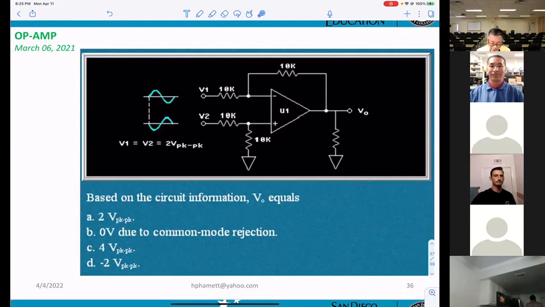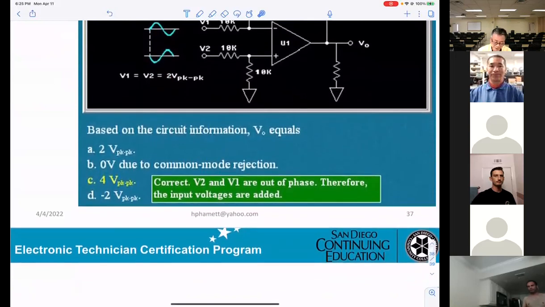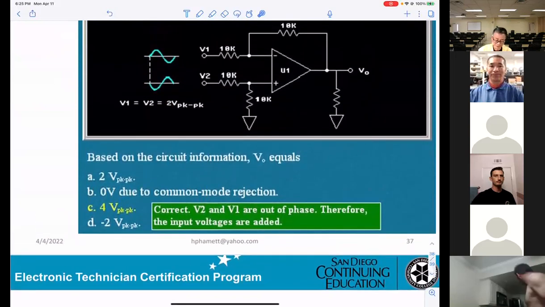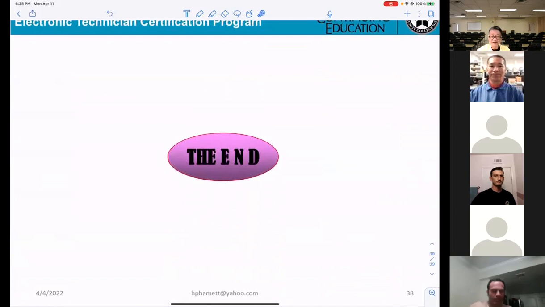You get V2 out. The answer will be C, correct? 4 volts. I'm not doing the calculation. You have to know how to do that calculation. Okay, so basically that will be done for the operational amplifier.